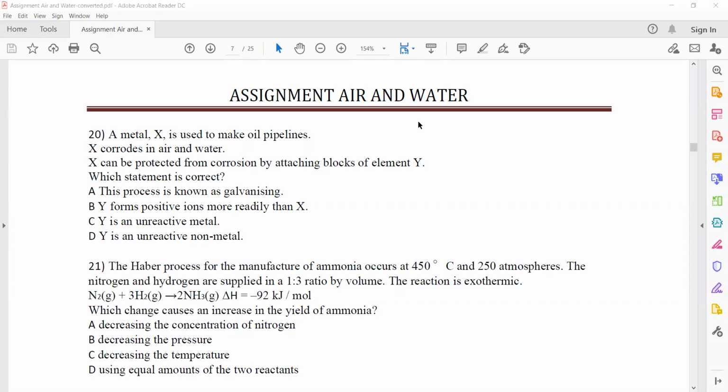Yes, B is the right answer, because a more reactive metal will form positive ions readily. This is not galvanizing. It should be a more reactive metal. So B is the right answer.